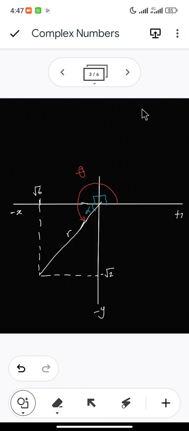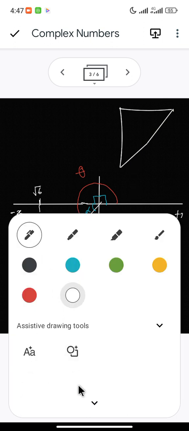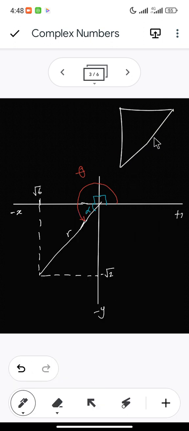So we're going to have a kind of right angle triangle, where this is r, as you can see. This is your alpha. Now, don't mess this up. This is your origin, right?